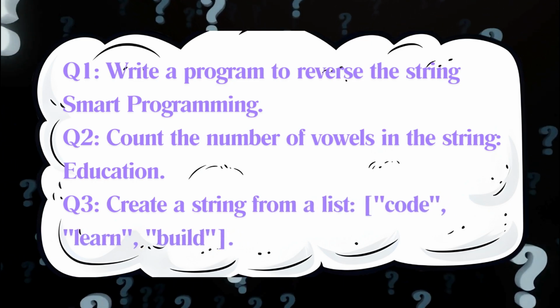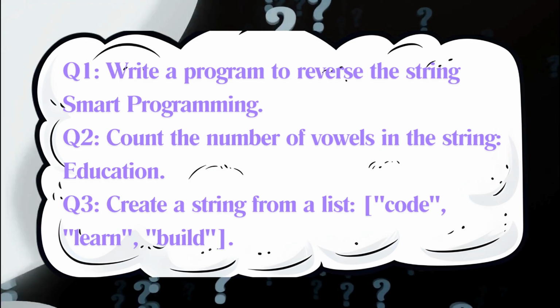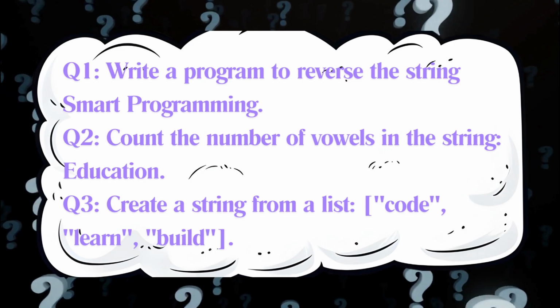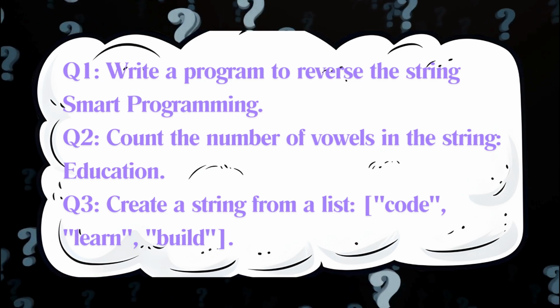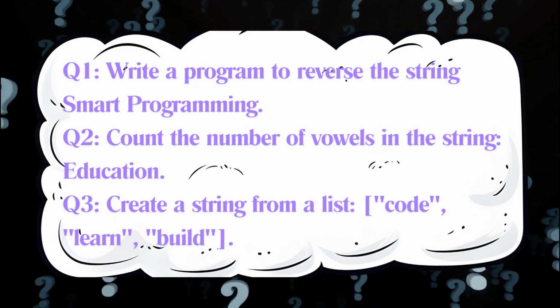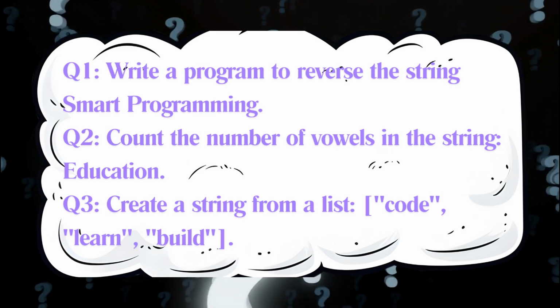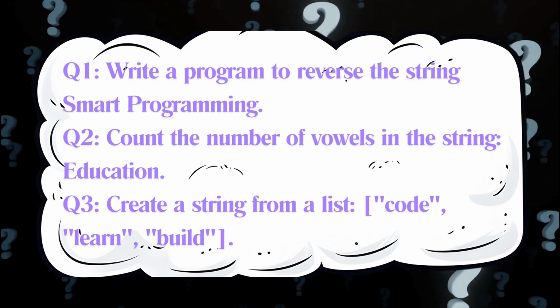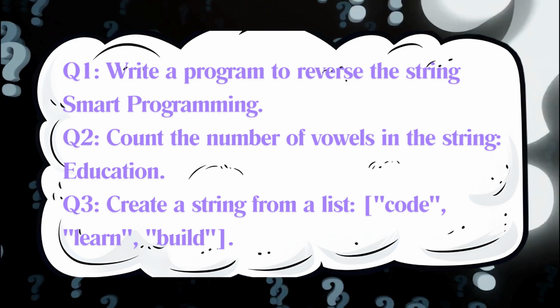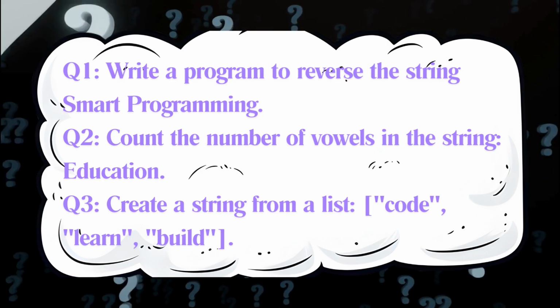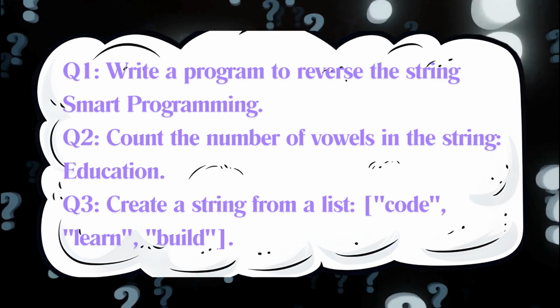Question number 3: create a string from a list which includes code, learn, and build. All of these 3 questions you can see on the screen right now. Pause your screen right now and try to solve these questions manually to build those skills of how a computer or string manipulation would deal with a certain program. Answer these questions in the comments below. That will help you build the foundation to solve these problems.